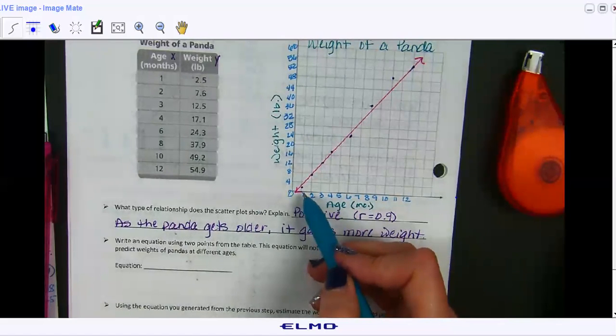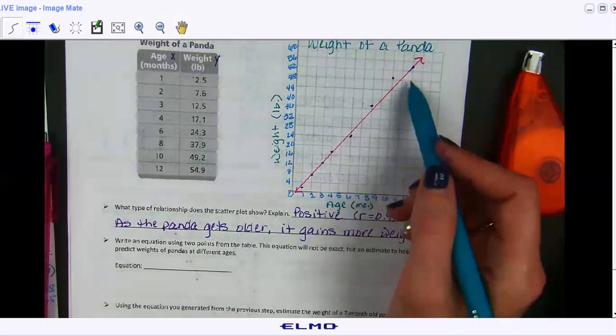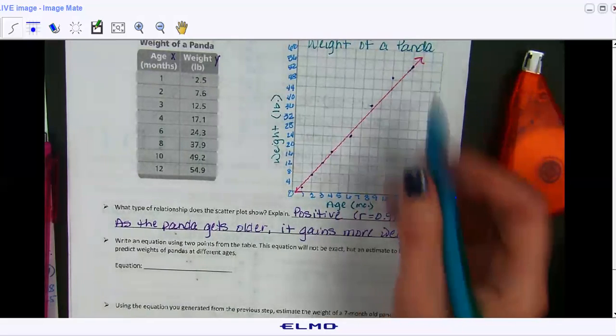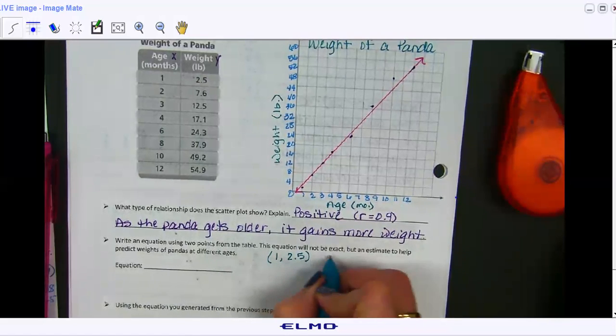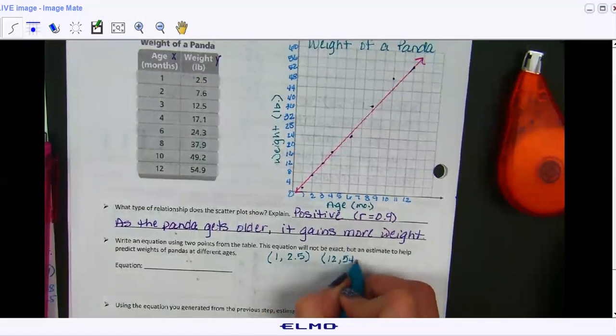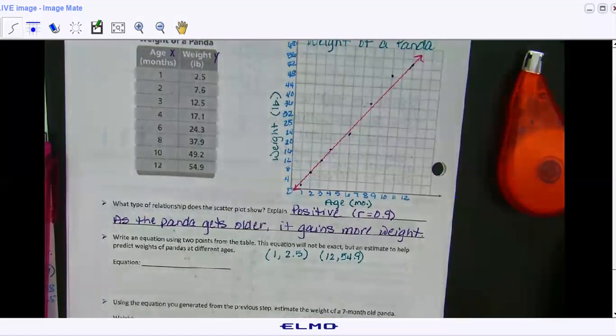I'm going to choose 1 and 2.5 and 12 and 54.9. I'm going to write these right here: 1 and 2.5 and 12 and 54.9. And I'm going to create an equation from these 2 points.